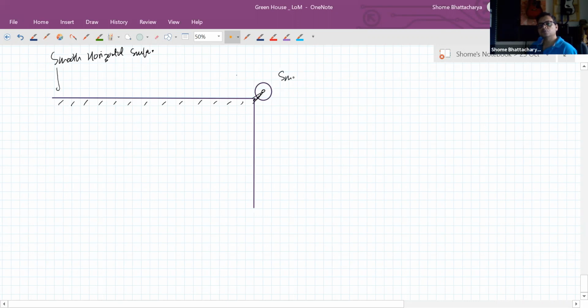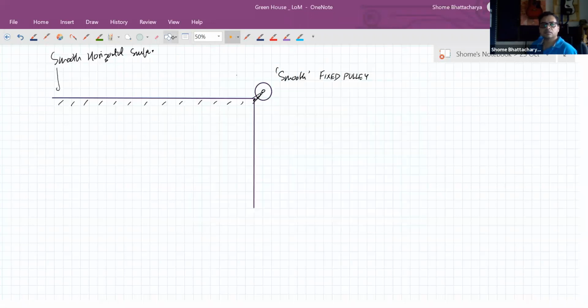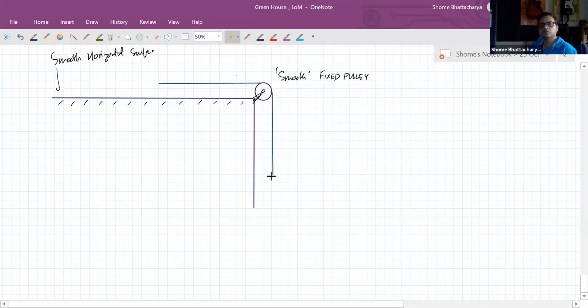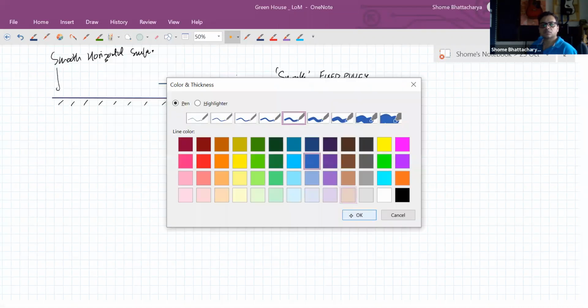So this is a smooth fixed pulley. And then we have this thread which is used to connect two blocks, one which is hanging vertically, but the thread is going around the disc of the pulley, around the surface. So this thread is being used to connect two blocks.